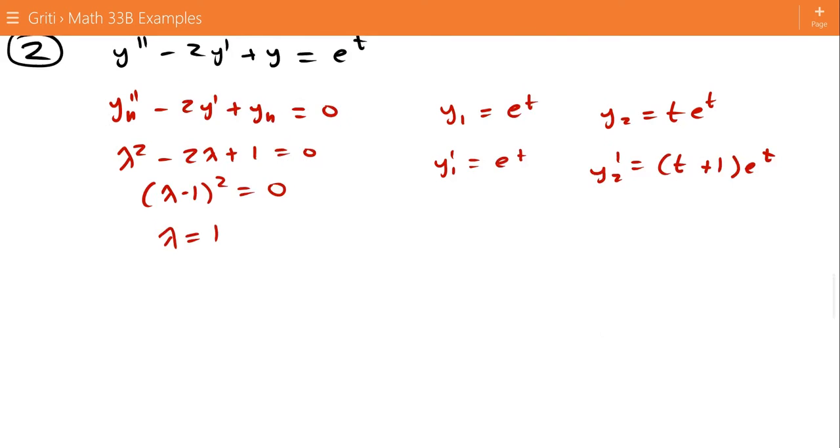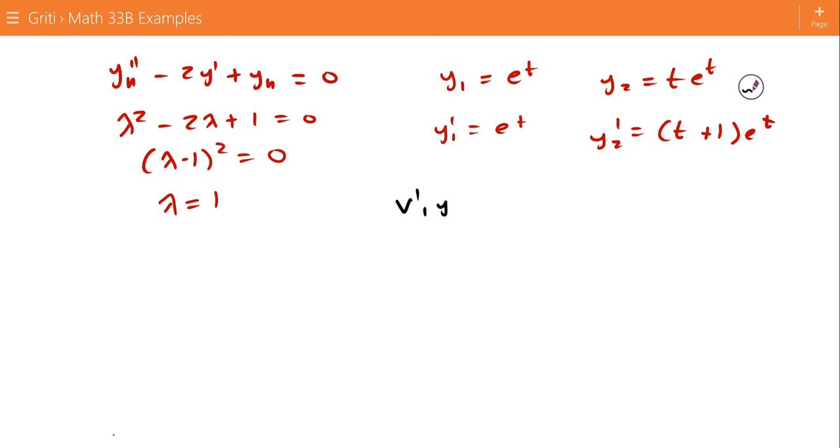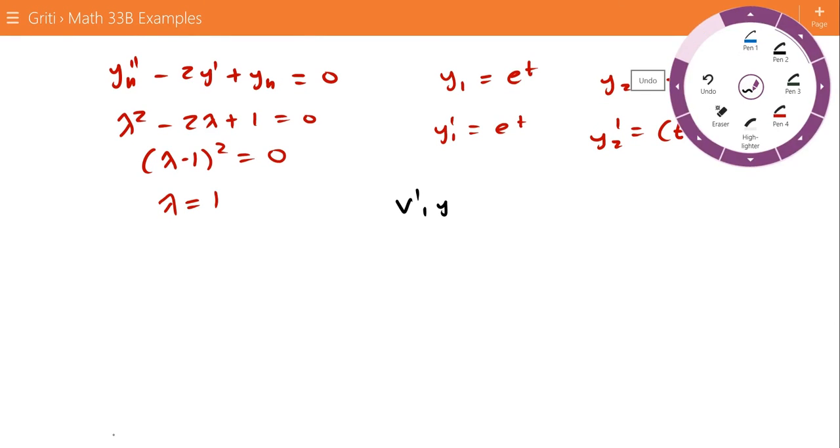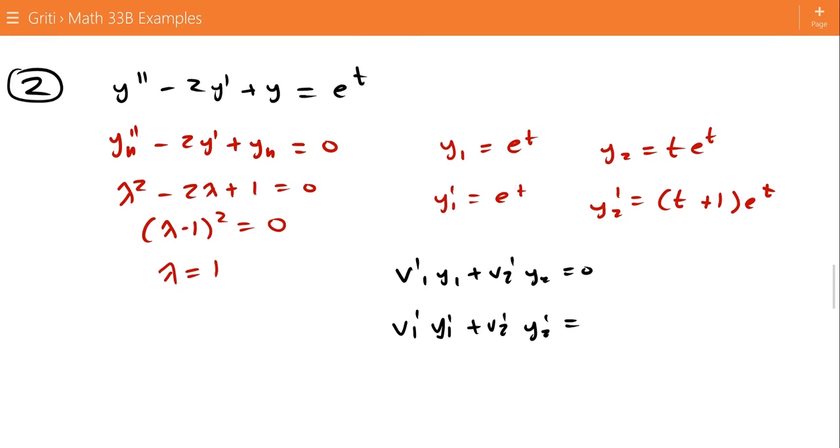Now we can go ahead and solve the system v1 prime y1 plus v2 prime y2 equals 0, and v1 prime y1 prime plus v2 prime y2 prime equals the forcing term, which is e to the t.